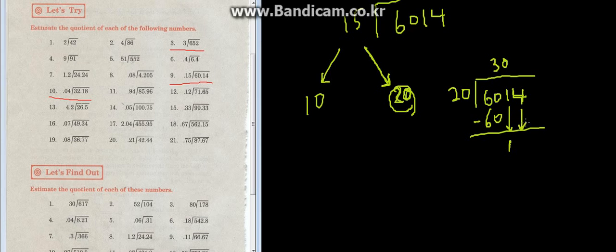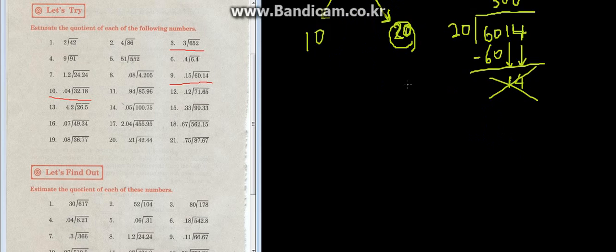We bring down 4. So 20 goes into 14 how many times? 0 times. So the estimation for this problem is 300 and the remainder is 14. As I said, the remainder doesn't really matter. So 300 would be the answer for this question.